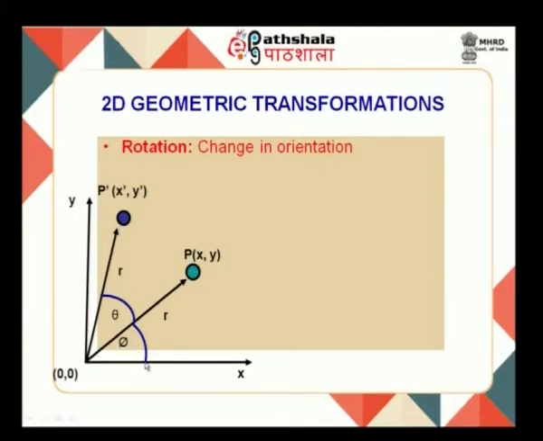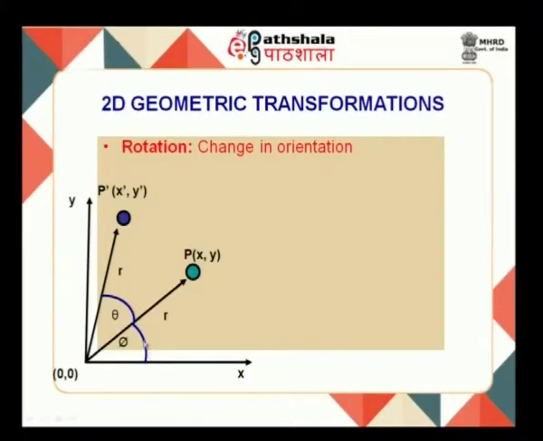So, for our further equations and derivations, let us assume that the position vector of the point P makes an angle phi with the x axis, and the position vector of the point P dashed makes an angle phi plus theta with the x axis.